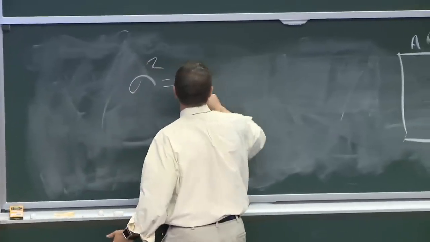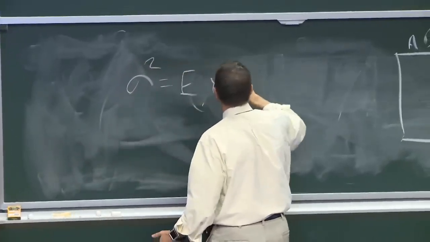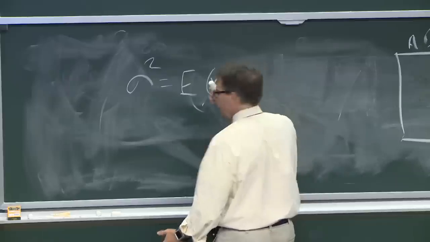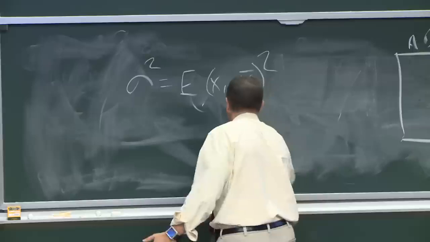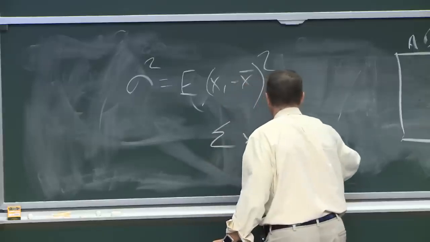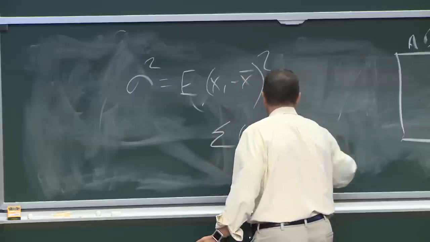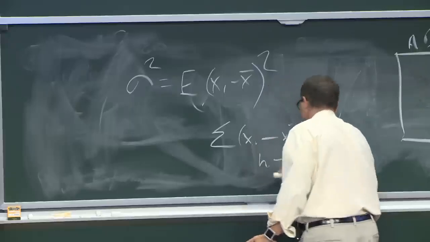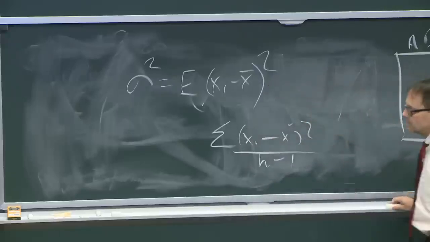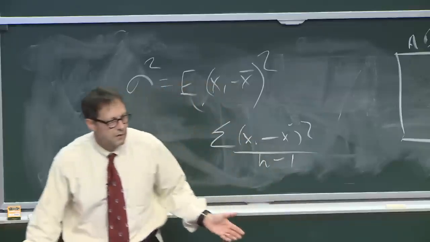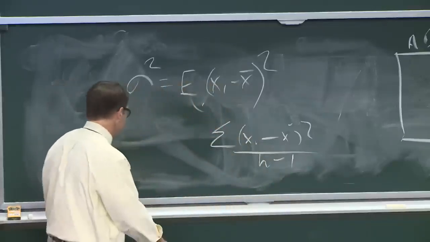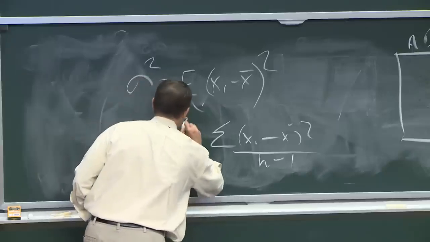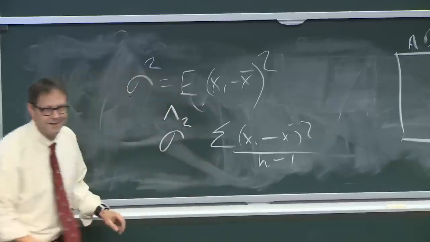Variance, the expected value of xi minus x bar squared, is the sum of xi minus x bar squared over n minus 1. It's a measure of dispersion. Now, I should say that this is sigma squared hat.